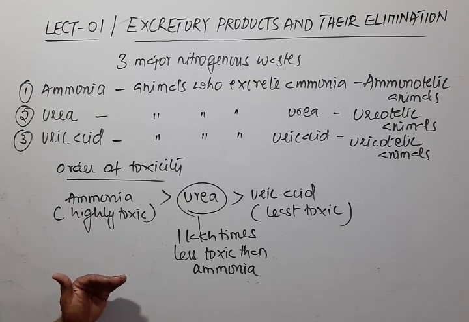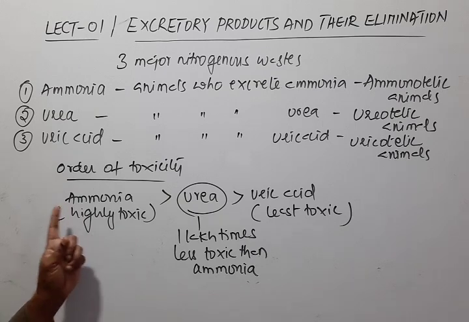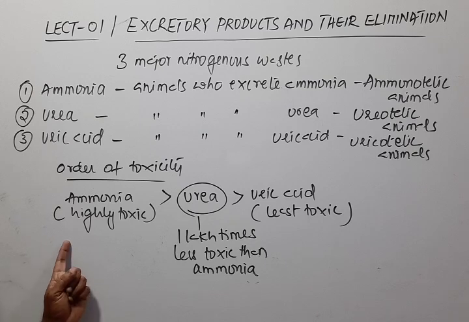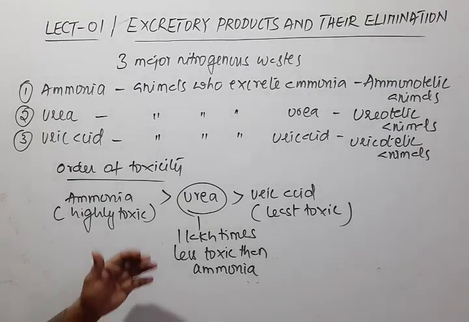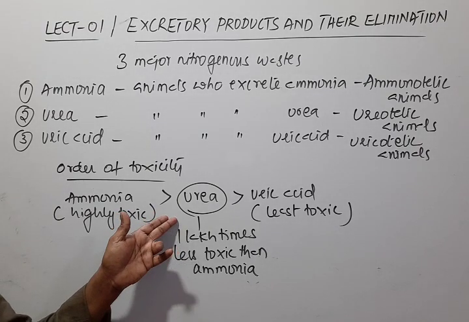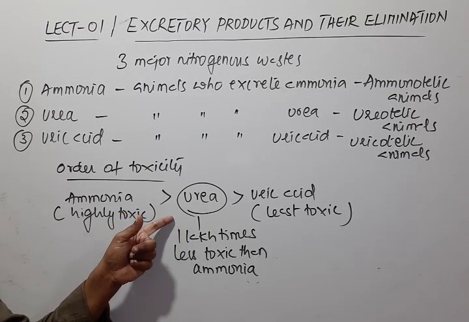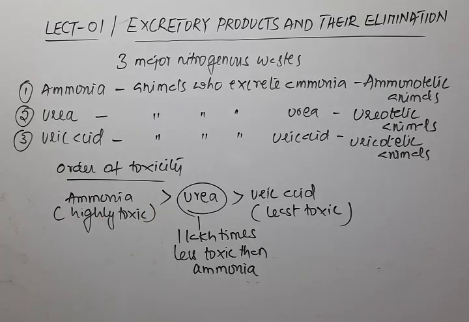It is not always the case that aquatic organisms eliminate the nitrogenous wastes in the form of ammonia. In some cases, they even convert ammonia into urea and excrete the nitrogenous wastes in the form of urea, like in the case of shark fishes.